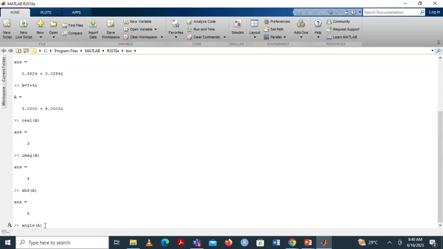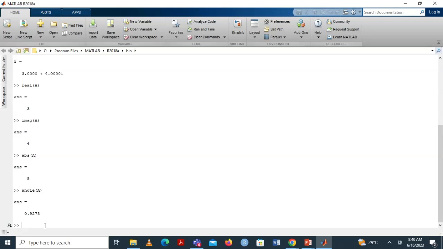If I press enter, it is going to return the angle in radians. You can also convert the angle to degrees by multiplying the result of the angle function by 360 over 2 pi.